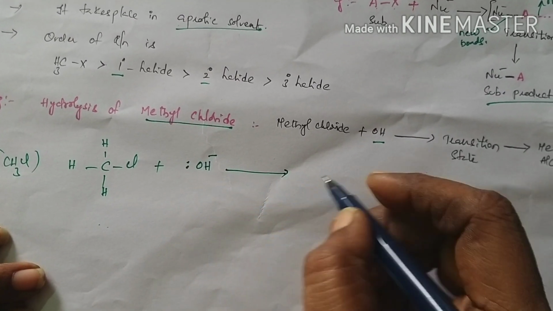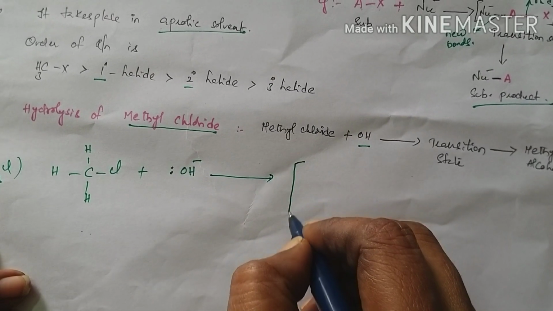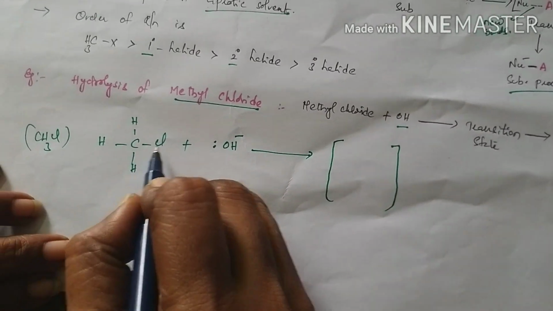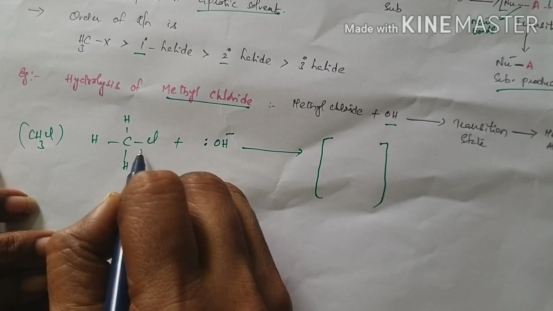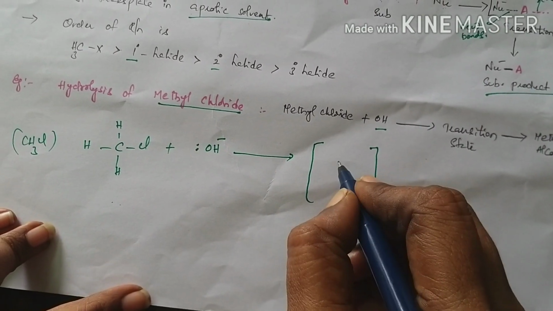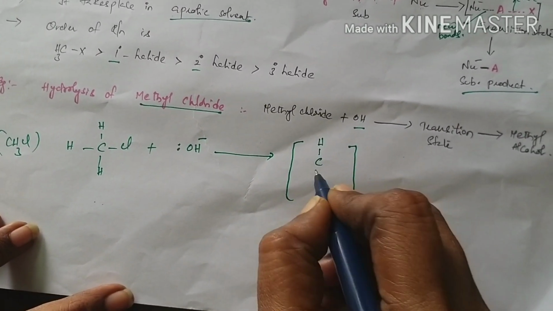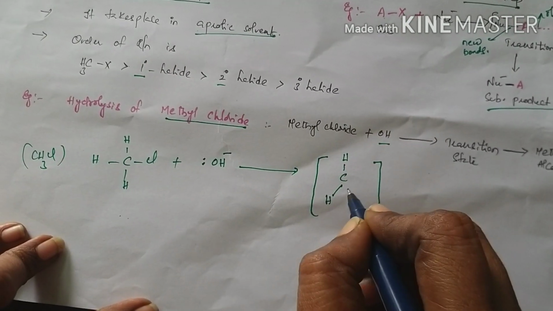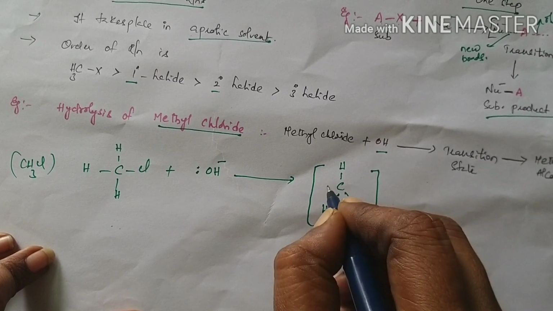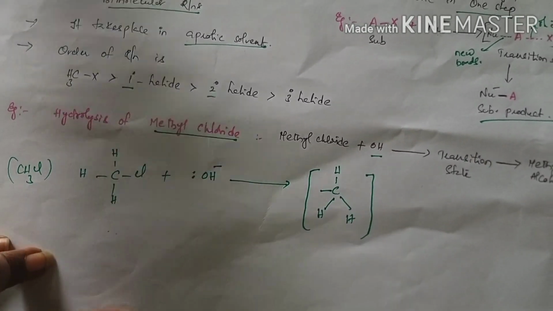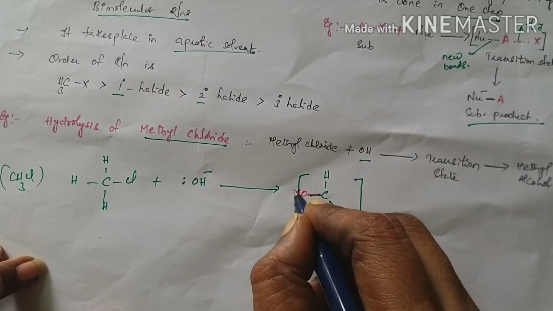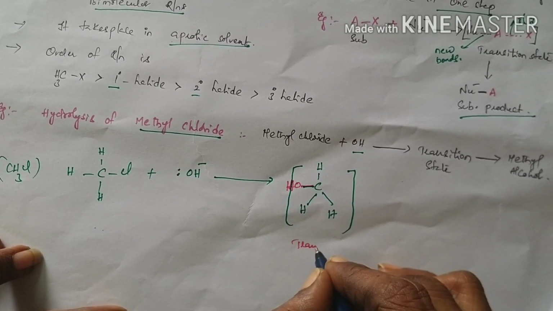It produces a transition state, where the bonds break within the substrate and new bonds form between the substrate and the nucleophile. So this is the transition state.